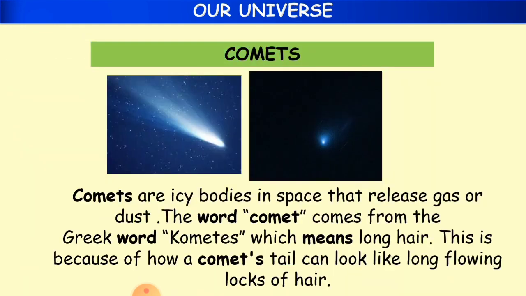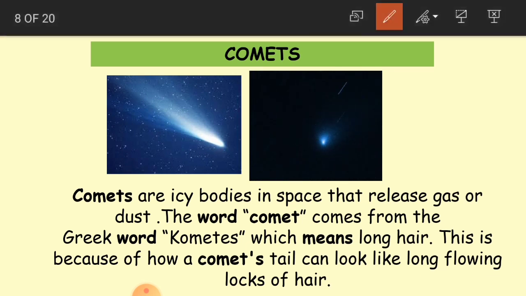Now let us go to the comets. How have you seen these comets sometimes? Yes, they are nothing but icy bodies. Comets are icy bodies in space. Icy bodies, in the sense very cold bodies, snow bodies in space that release gas or dust.